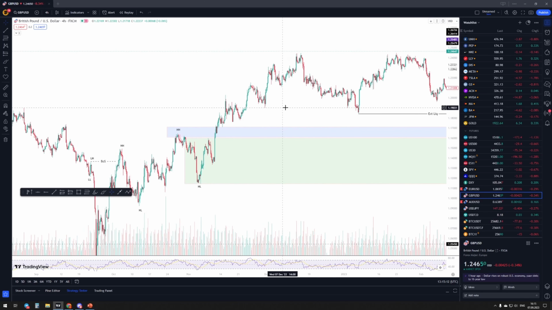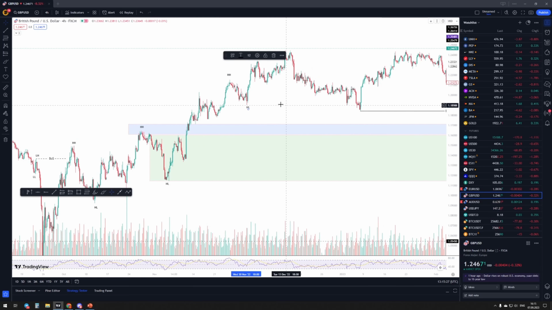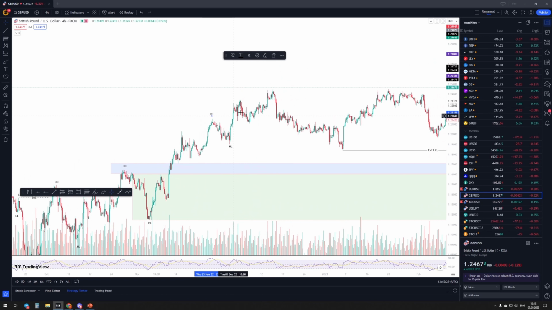We have to identify 3 or 5 candle swings. This is this one. Then we had higher low, which will be this swing. Next higher high, 3 candle swing, higher low, higher high.